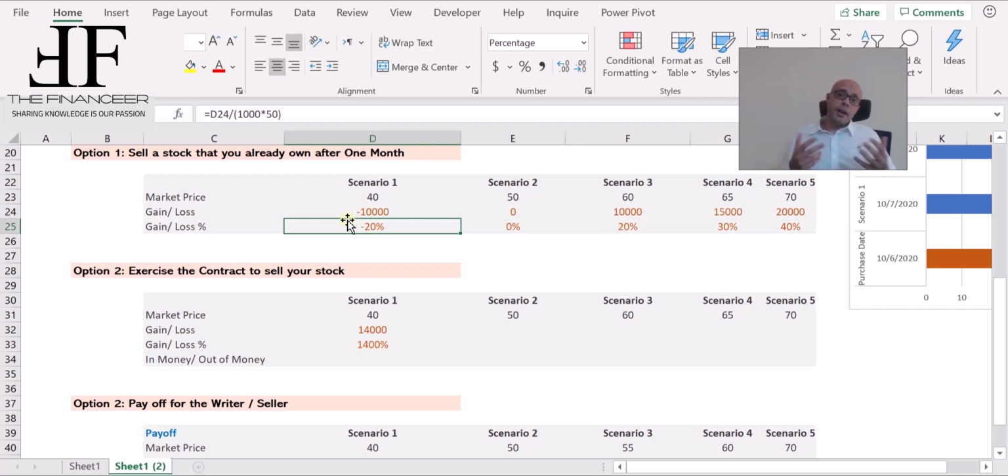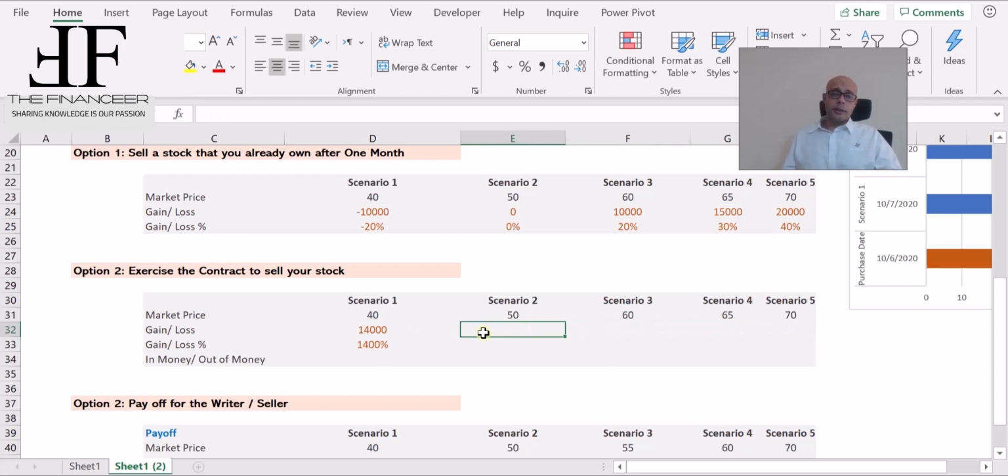But if you played it very well and the market reacted as per your expectation, you are going to start achieving gains with very minimal investment. That's why derivatives allow you to limit your loss. I'm going to tell you how we can limit our losses and achieve gains on a minimal investment.